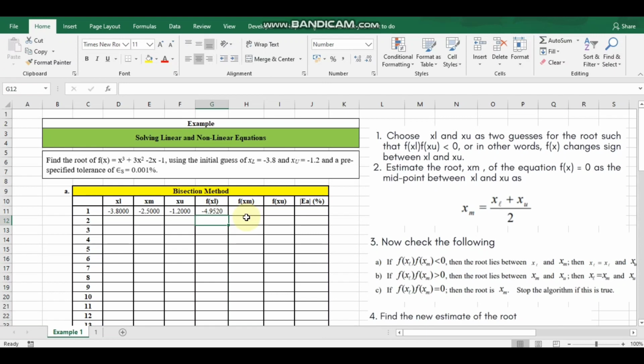And the same process goes for f of XM and f of XU. Let's do it again.